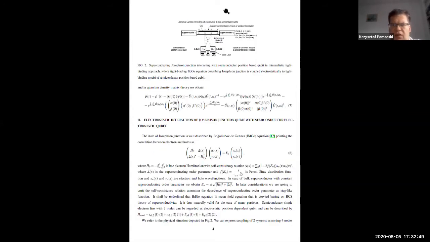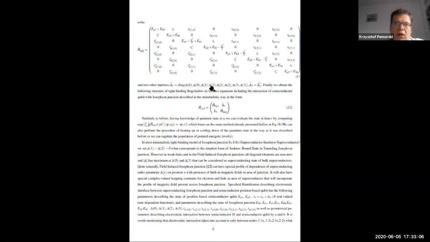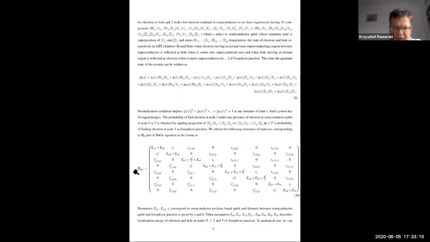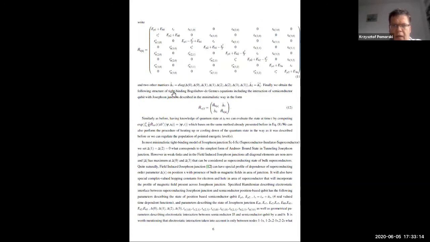Obviously, the system considered here is maximally symmetric, so I can deal with the situation where I can also have some analytical solutions of the specified equations. All right, so again, I have such matrices H0 for the electron and for the hole.